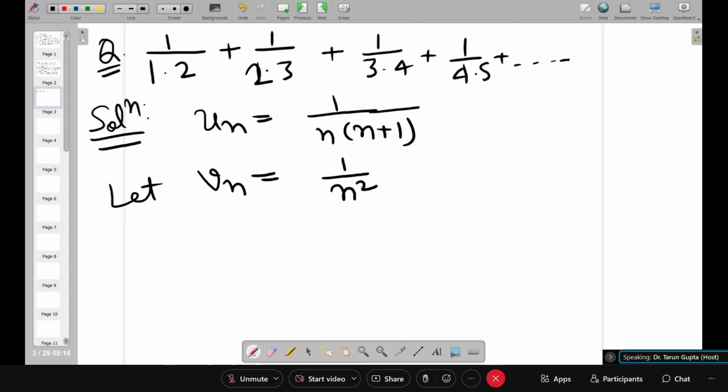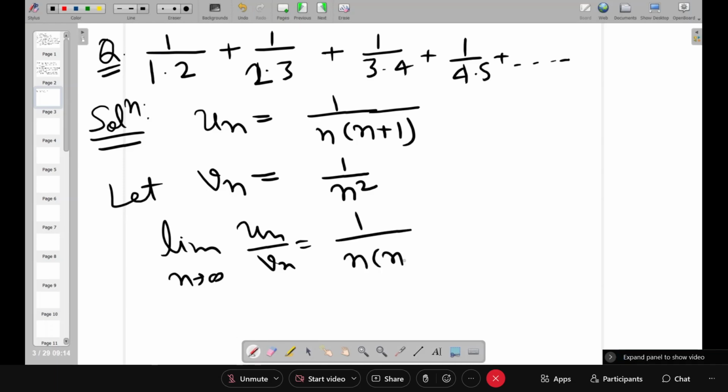Okay, Vn you can choose 1 upon n square, so that the limit n tending to infinity un upon Vn will be 1 upon n plus 1 into n square upon 1. Here the limit is also there.